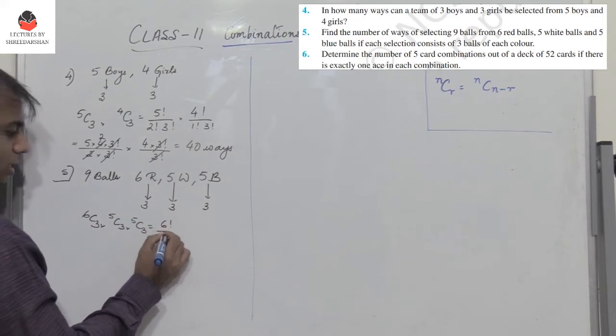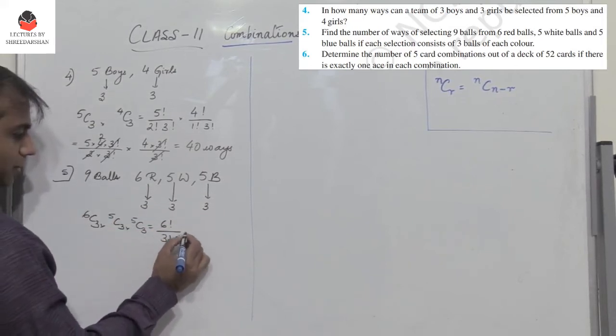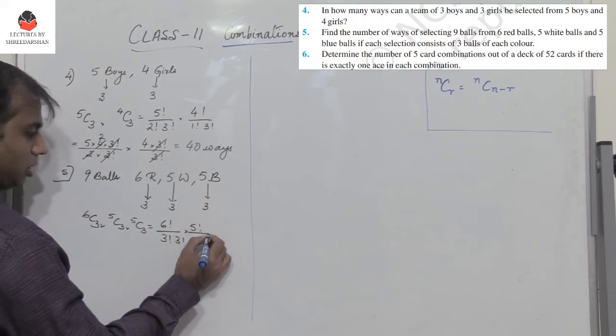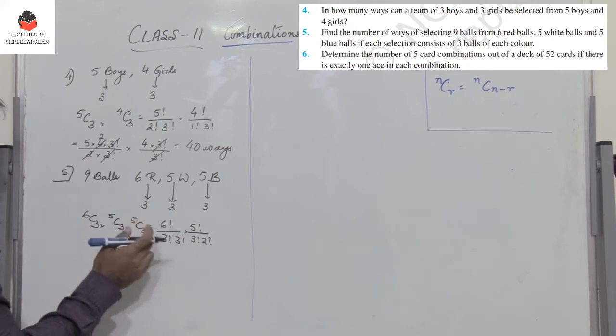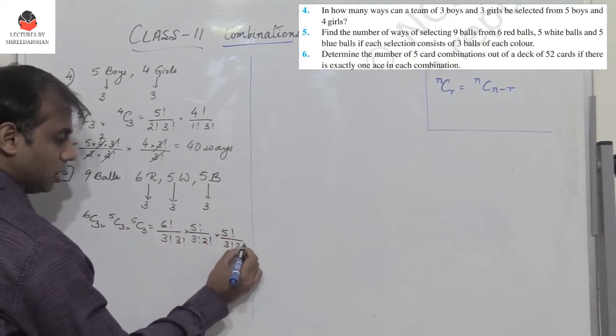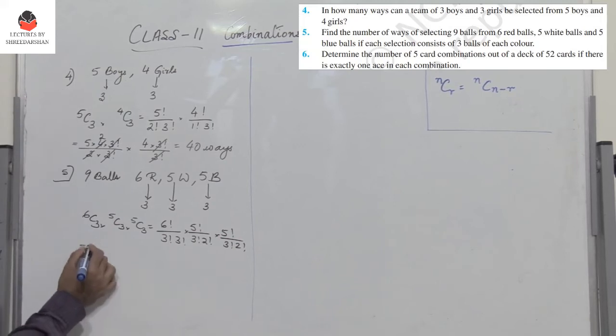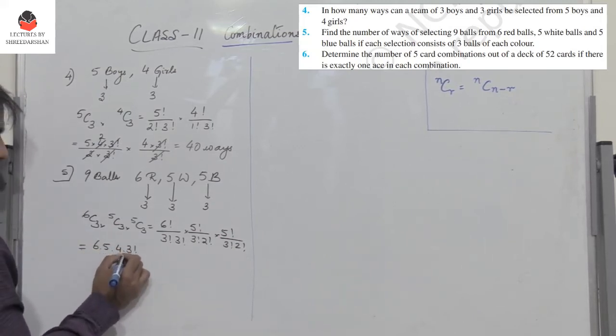So it is 6 factorial divided by (6 minus 3) is 3 factorial into 3 factorial, into 5 factorial divided by 3 factorial into 2 factorial, 5 minus 3 is 2, into 5 factorial divided by 3 factorial into 2 factorial. So now you have 6 into 5 into 4 into 3 factorial.